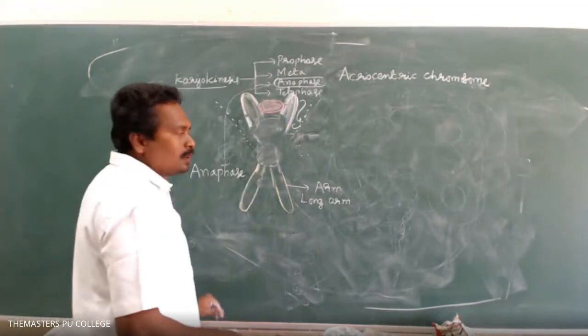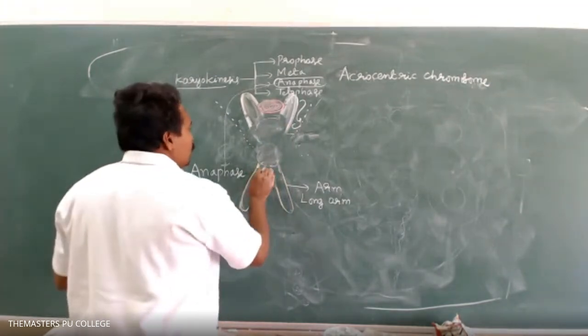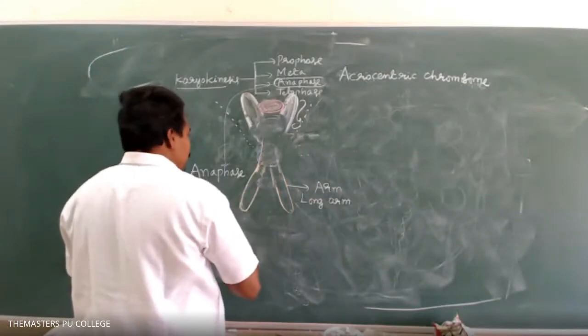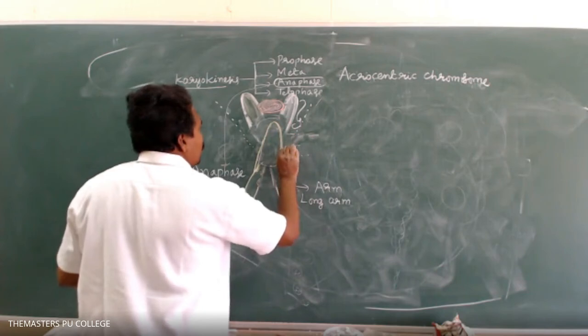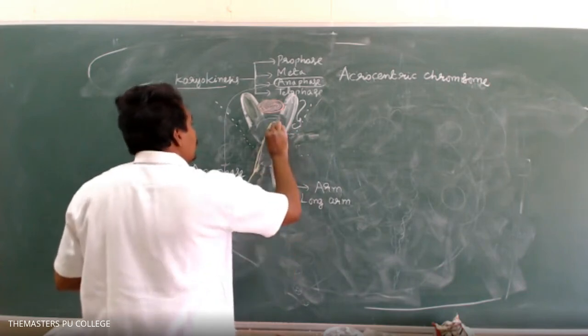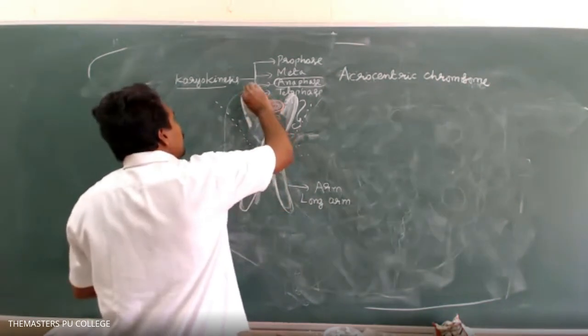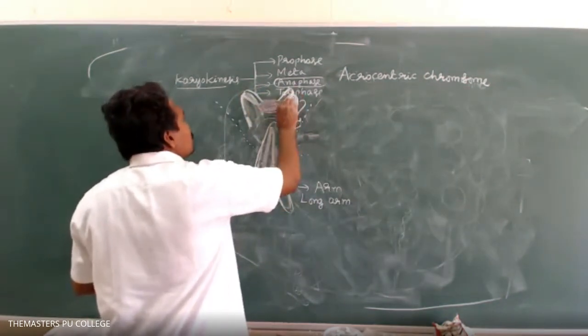In this chromosome, one arm is extremely long and the other arm is very short.